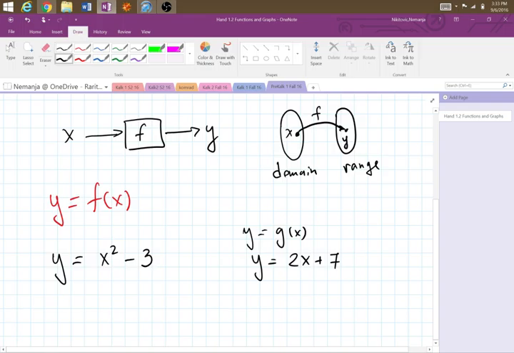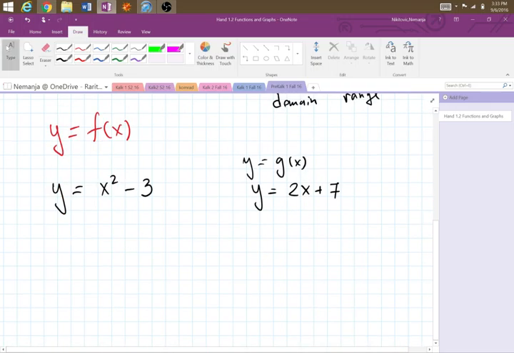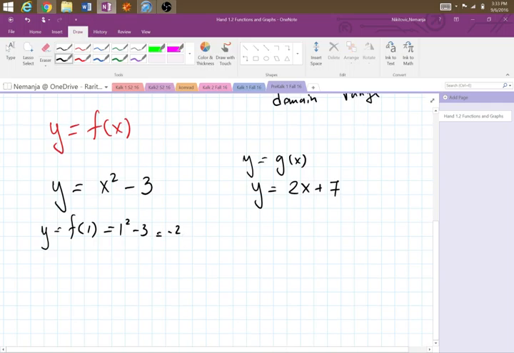So if I plug in 1 over here, 1 squared is 1, minus 3 is negative 2. So we have that y as the output is negative 2. Further examples: if I have y equals f of 1, that's going to be 1 squared minus 3, which is negative 2, which gives us the output as negative 2.